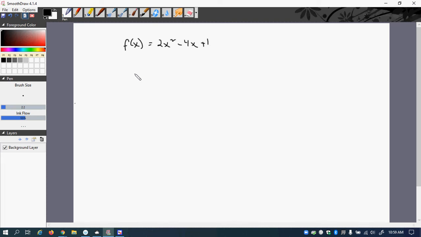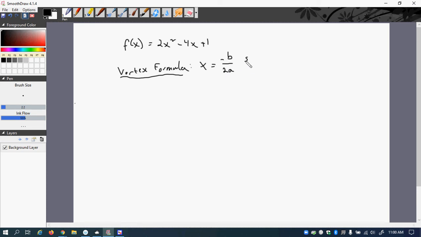We need to know first the vertex formula. So the vertex formula is x equal to negative b all over 2a. This is a formula that you'll have to memorize. This tells you the first step to the vertex point.